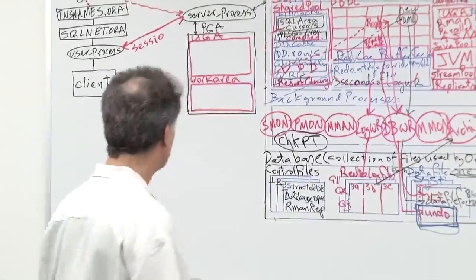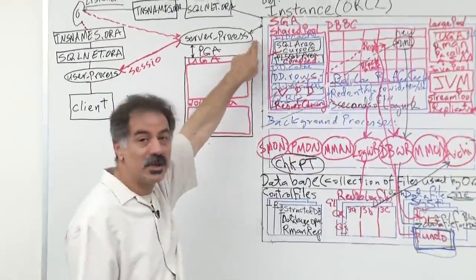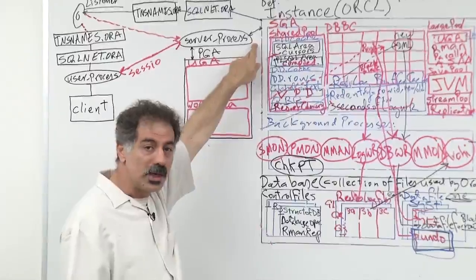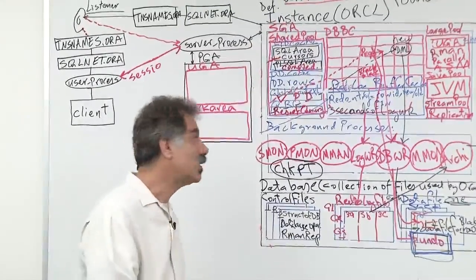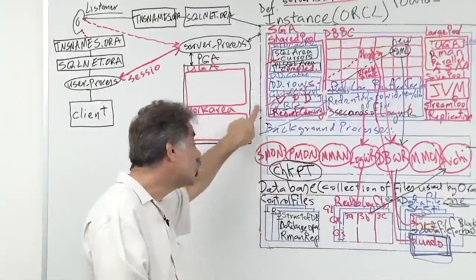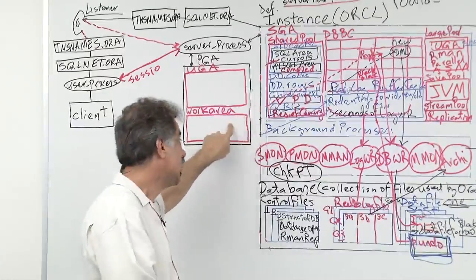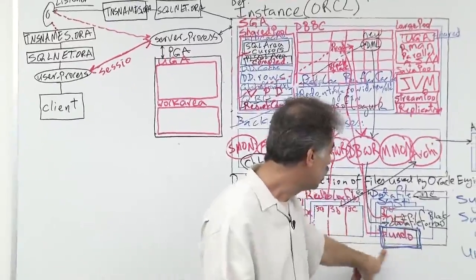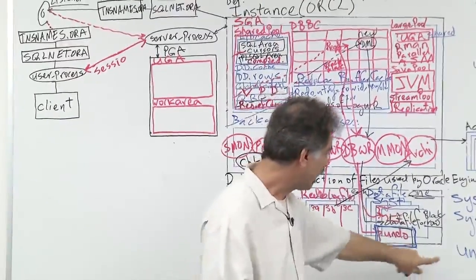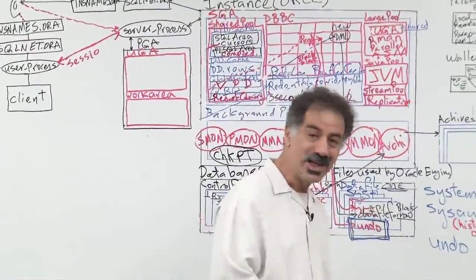However, you're actually connected to the container instance. Okay? All the sessions, regardless of the pluggable databases, as we talked about, since there is one instance, belong to this one instance. Since the session belongs to one instance, there can only exist one undo. Okay? So here we have the undo in the container.